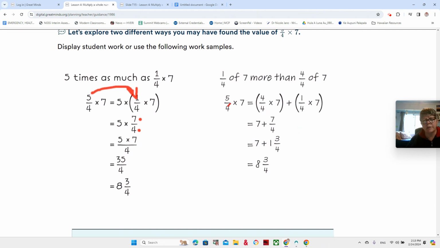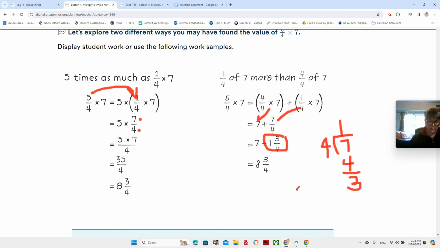Of course, it's still going to be the same answer, but 4/4 of 7 is 7, and then 1/4 of 7 is 7/4. 1/4 times 7, right? So then 7/4, 7 divided by 4, that would be 1, and 3 left over. So that makes 1 3/4. Plus 7 is 8 3/4.